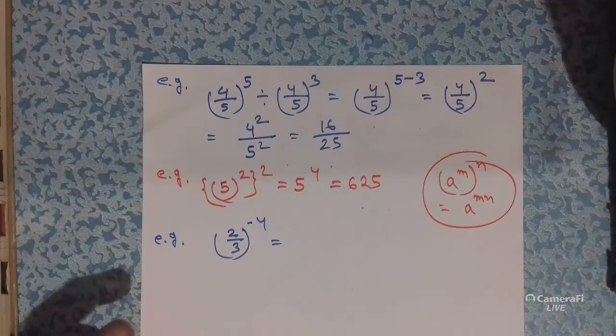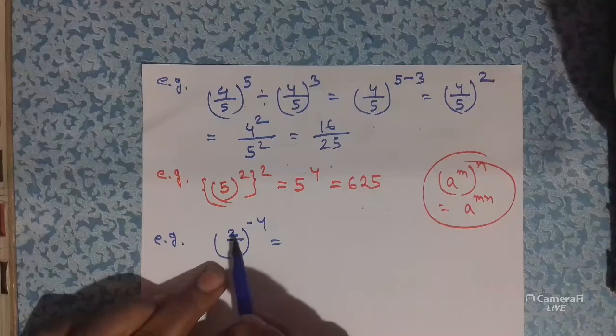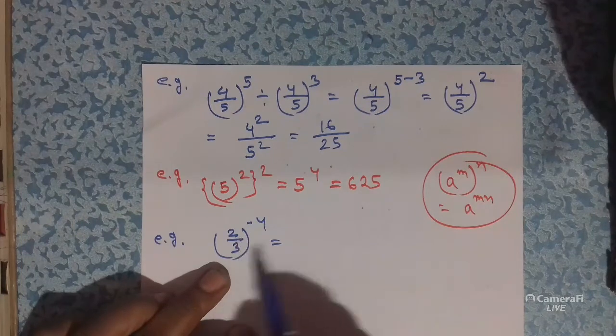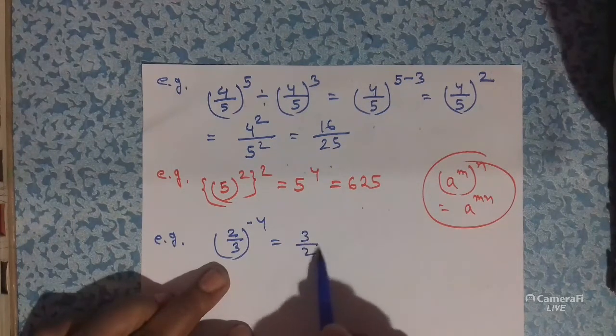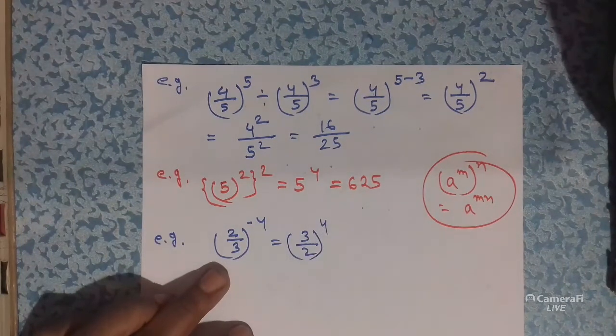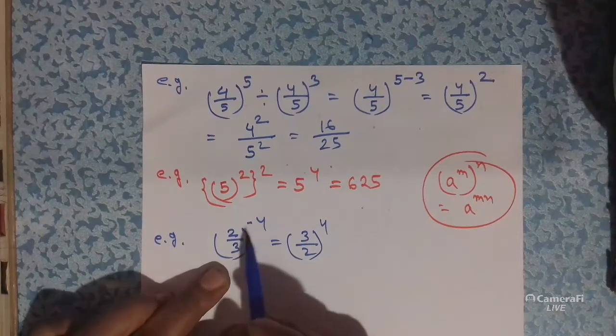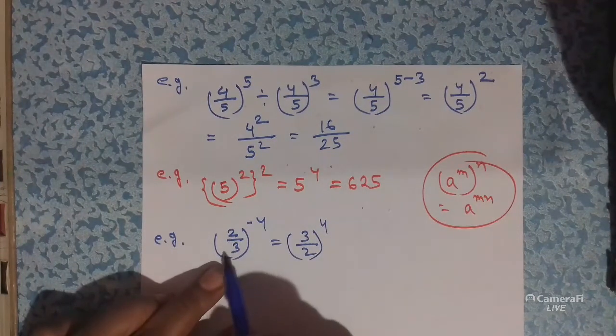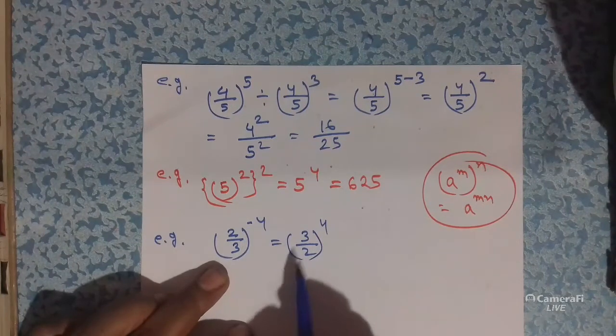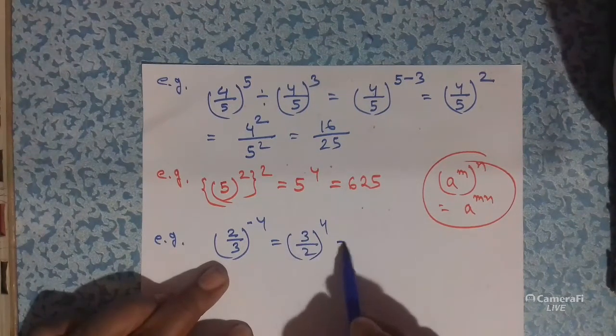To do that, we write the number as its reciprocal. That means 2/3 becomes 3/2, so it will be (3/2) to the power 4. To convert the negative exponent into positive, the number must be reciprocal. So (2/3) to the power minus 4 is equal to (3/2) to the power 4.